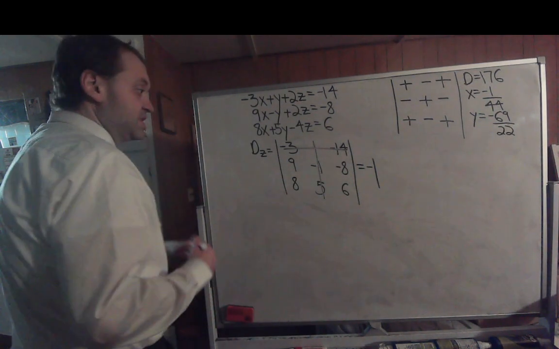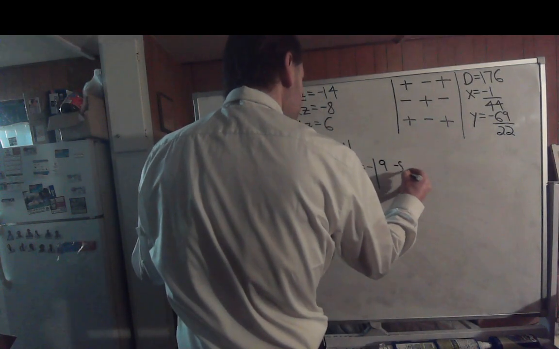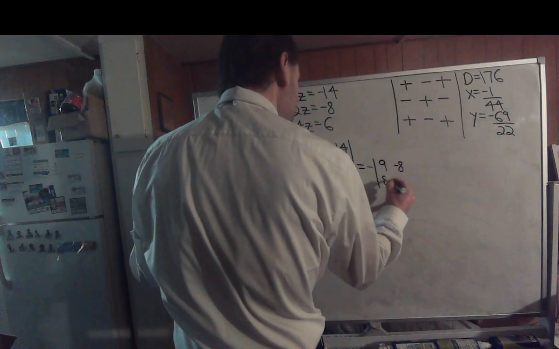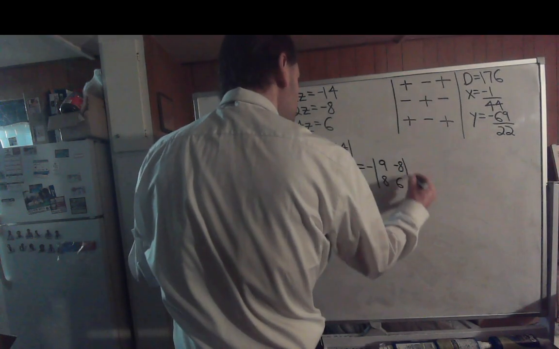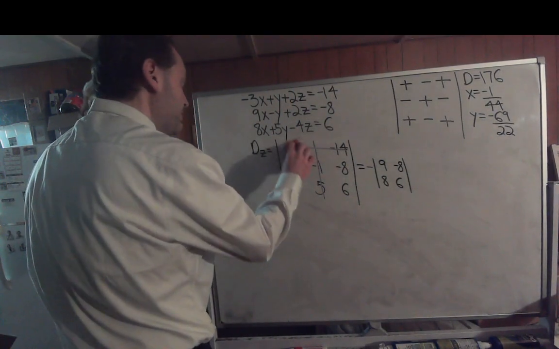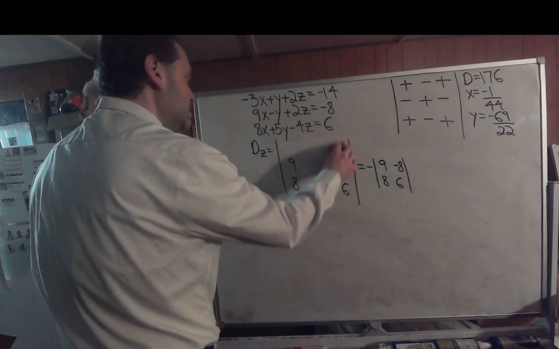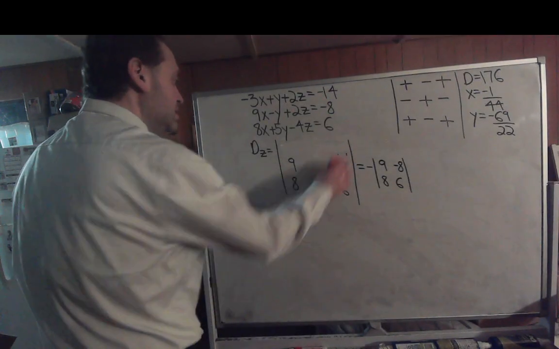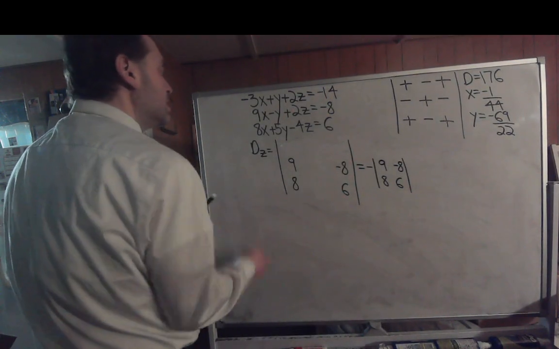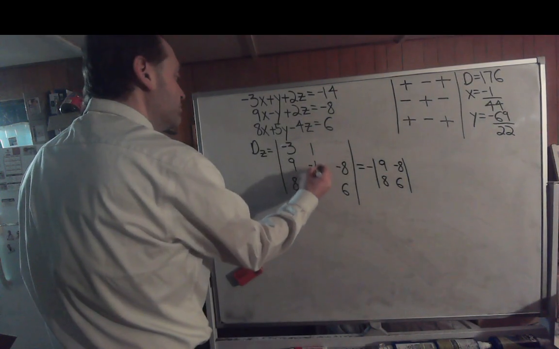So the resulting determinant is going to be 9, negative 8, 8, and 6. Alright, now let's rebuild this determinant. Negative 1, 5.